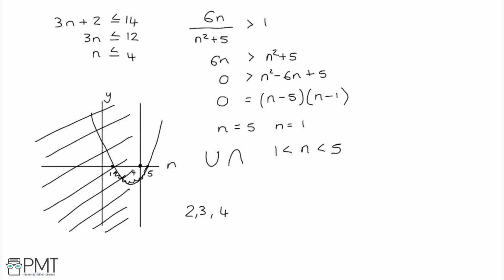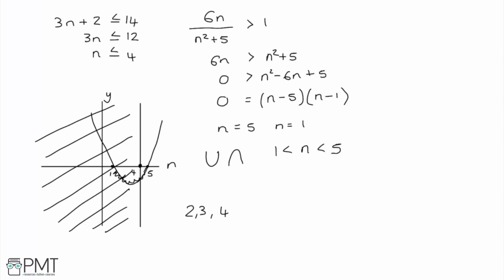However, anything greater than 4, so 5, is not going to be included in this inequality because n is not going to be less than or equal to 4. So here we have our 3 possible integer values that could represent n, and that is going to bring us to the end of this question.